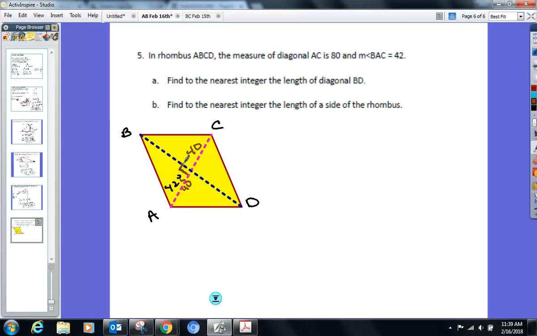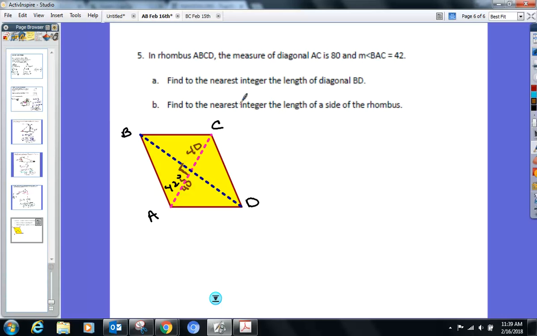And that gets me a right triangle right now. Thoughts on how I can find the length of this entire diagonal? You're not going to be able to find the entire diagonal, but you can find the part opposite the 42 degree angle. Everyone has a right triangle there?